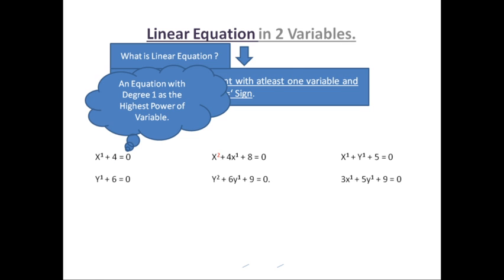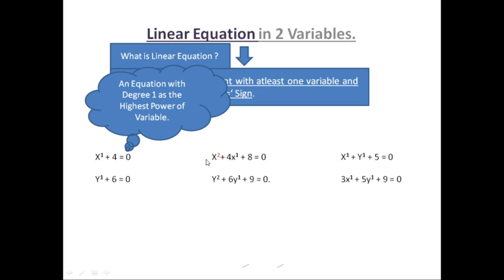So the degree is 1 and hence this is a perfect example of a linear equation. Similarly, in y plus 6, the highest power is 1, which means the degree is 1, so even this is an example of a linear equation.